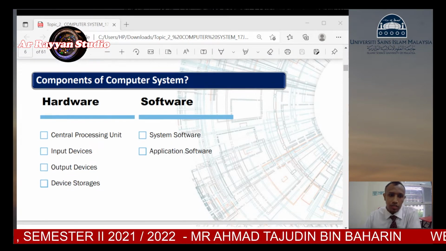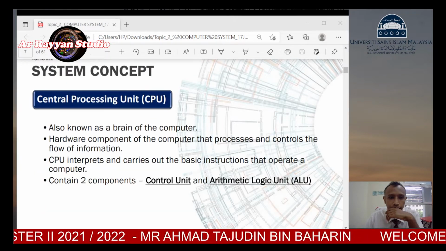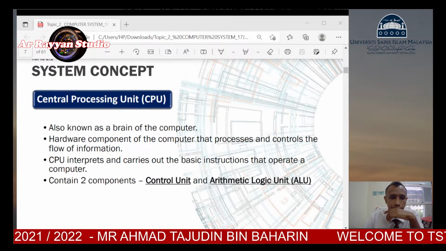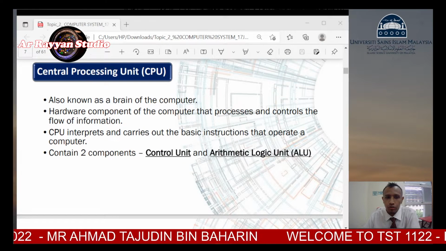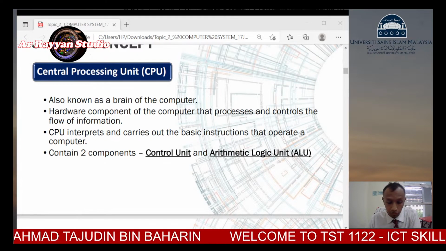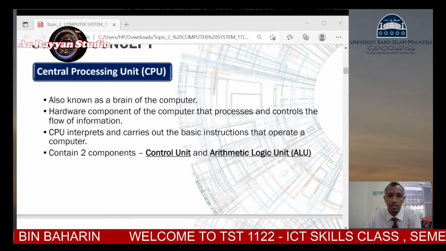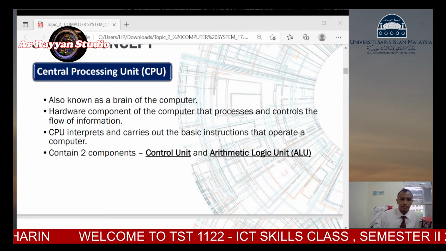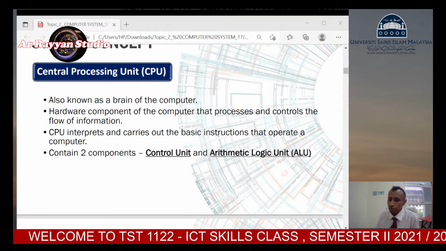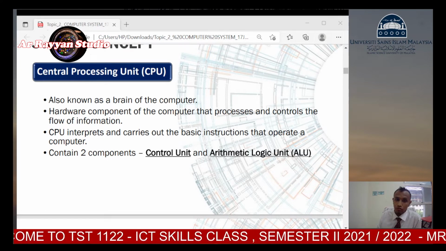Okay, back we move to hardware. So CPU, the full name is Central Processing Unit. As I said, it's also known as the brain of the computers.